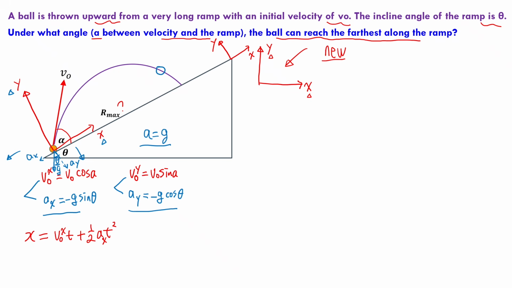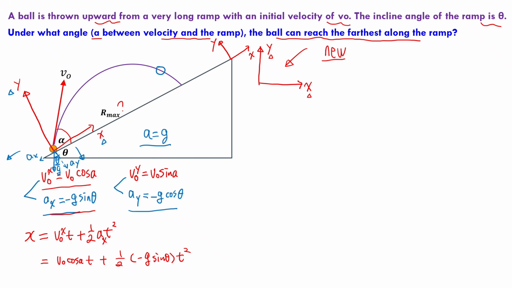I know my v0x and my acceleration, so I can substitute this in. This equals v0 times cosine alpha times t plus half times minus g sine theta times t squared.